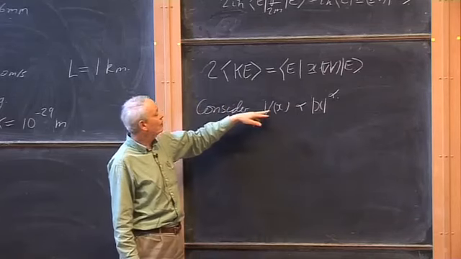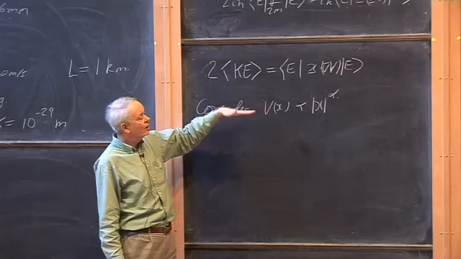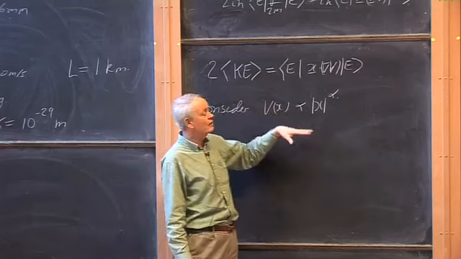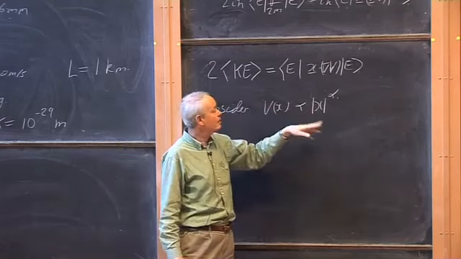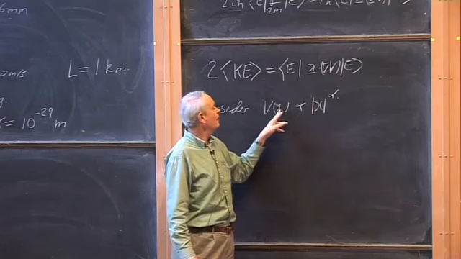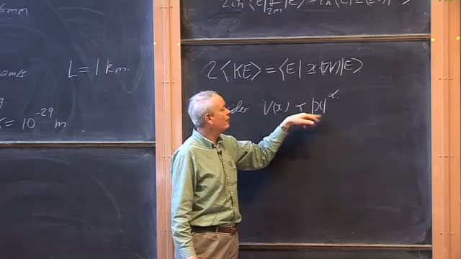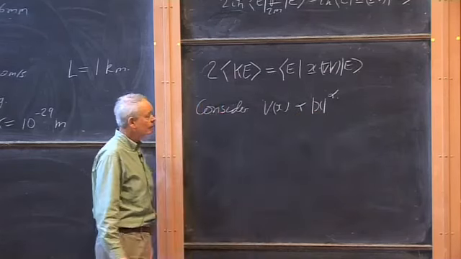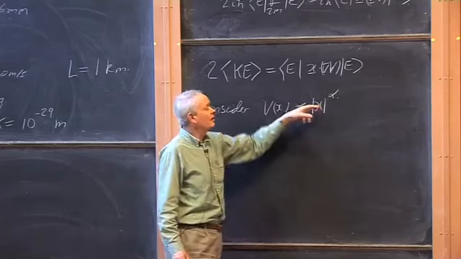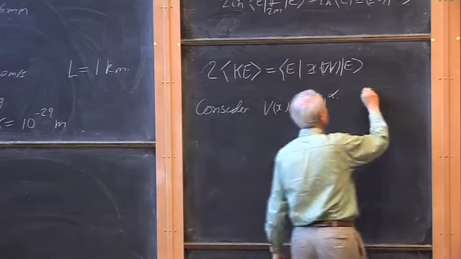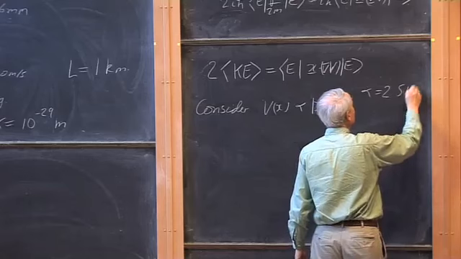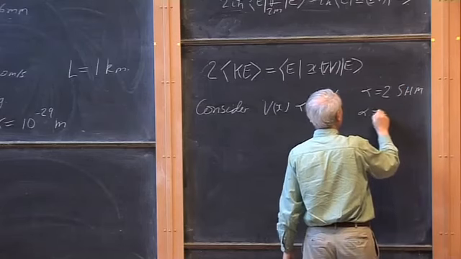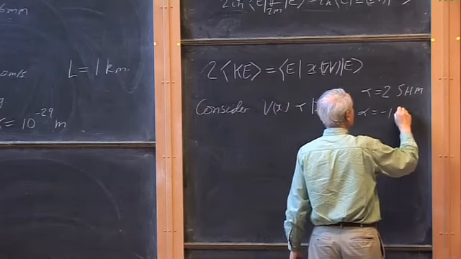If we were dealing with the Coulomb interaction, the potential energy goes like 1 over radius. So it would be V of r is proportional to 1 over r. Well, this mod x is r. So alpha would be minus 1. So we can say that alpha equals 2 is simple harmonic motion. Alpha equals minus 1 is Coulomb.